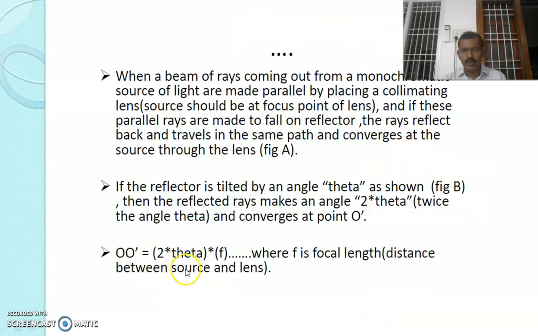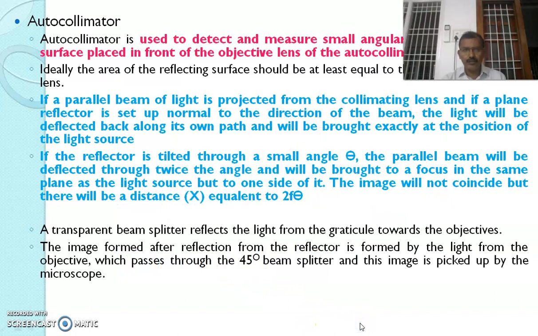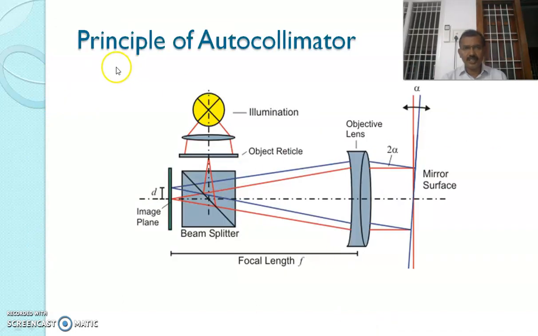The auto collimator is used to detect and measure small angular tilts of a reflecting surface placed in front of the objective lens of the auto collimator. This paragraph explains figure A, and the second paragraph explains figure B.